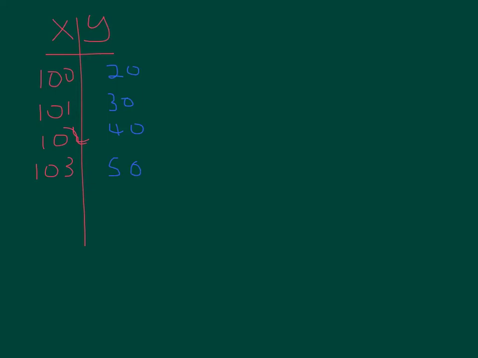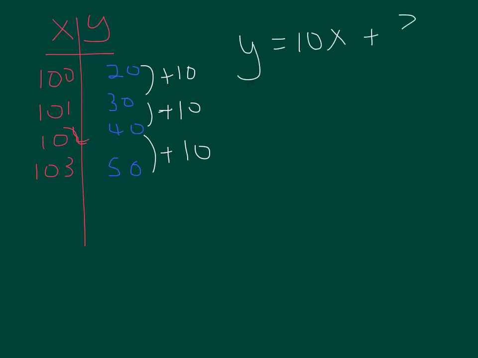One of the things we're going to notice first of all is that my coefficient is 10, because these are all plus 10s here. So I have y equals 10x plus something. Again, I'd have to go all the way back to when x is equal to 0. To prevent us from having to do all that extra writing out, which we really don't want to do, instead we're just going to use our table and plug it in.